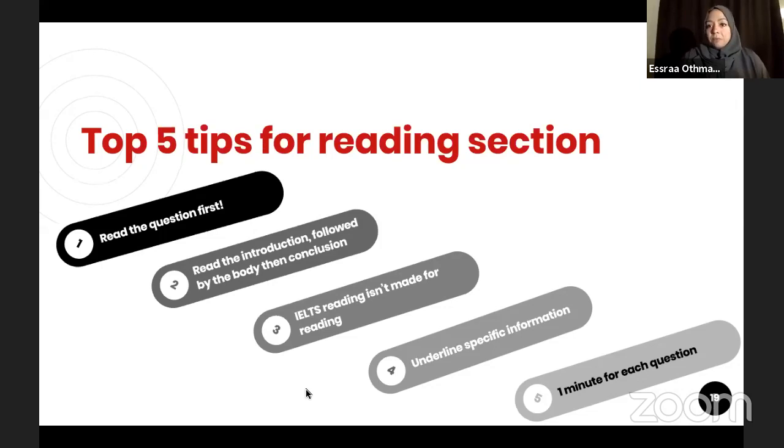Okay, now we have a question from Rebecca. Rebecca here is asking, in reading, do we need to write full answers or is it all multiple choice? Now, Rebecca, in the reading part or even the listening section, the maximum number of words that you will be asked to write will be 3 words only.